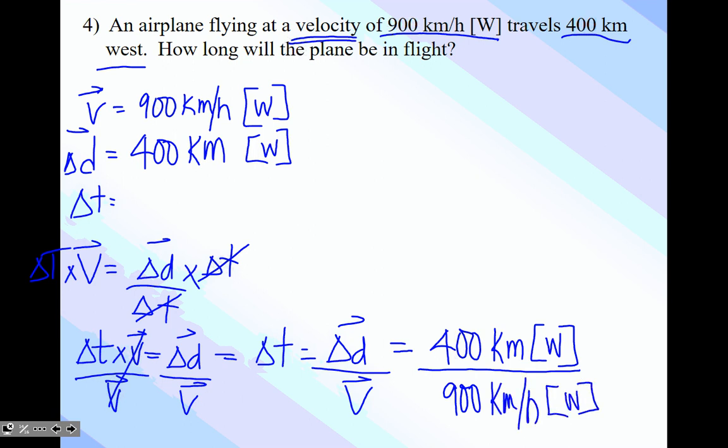Let's see what cancels out, kiddos. The west cancels out, and the kilometers cancel out. And what are you left with for units? Hours. If I use my trusty calculator, 0.444. Usually I go to 2 decimal places, but that's okay. Hours. No direction, because time does not travel in direction.